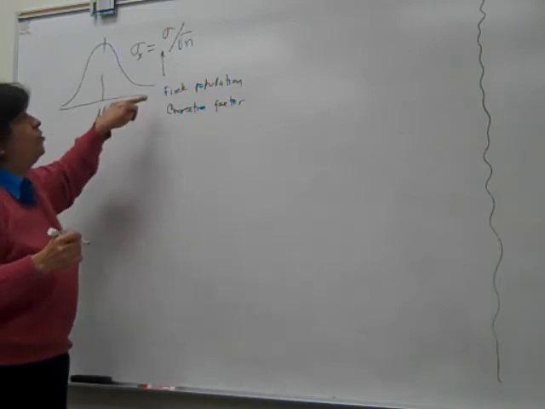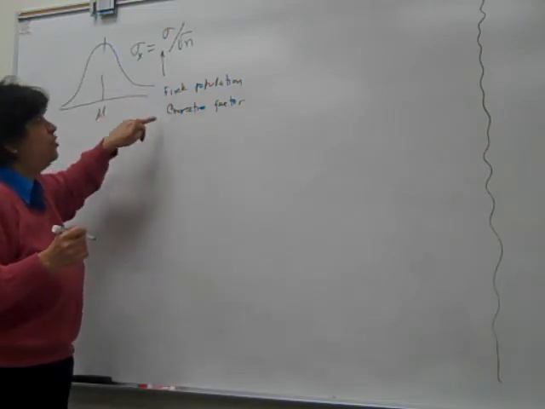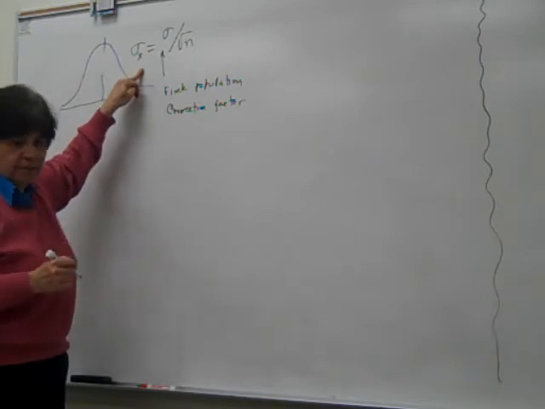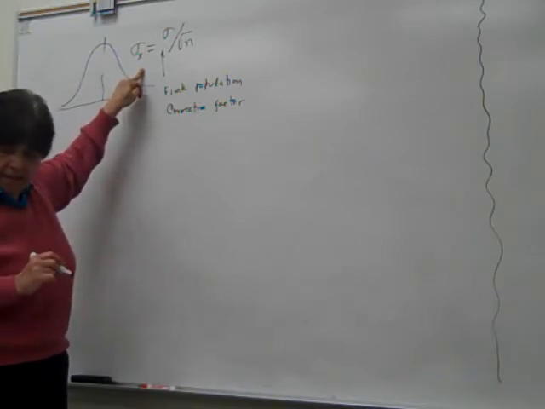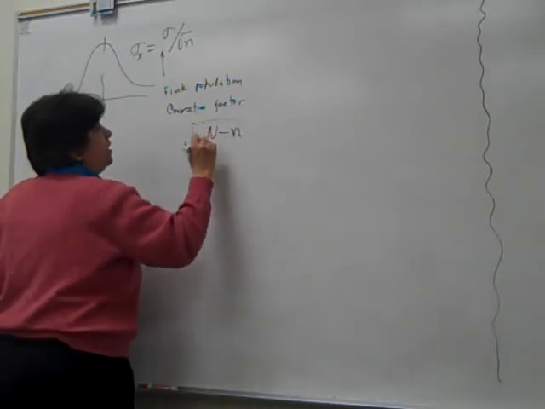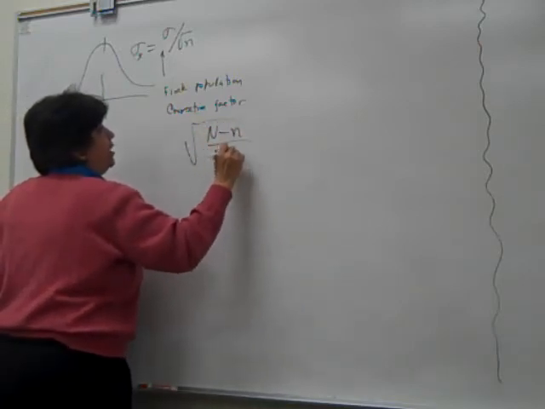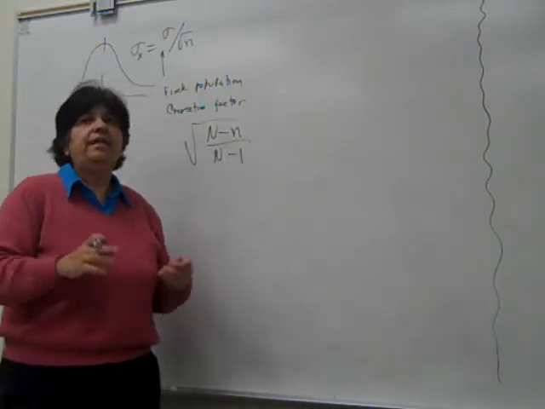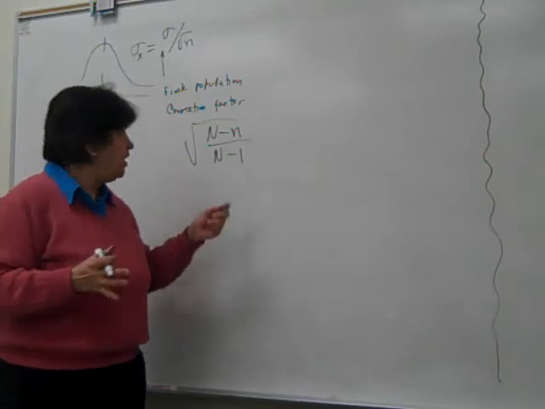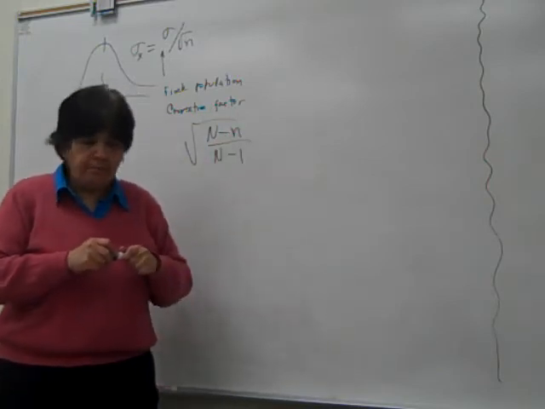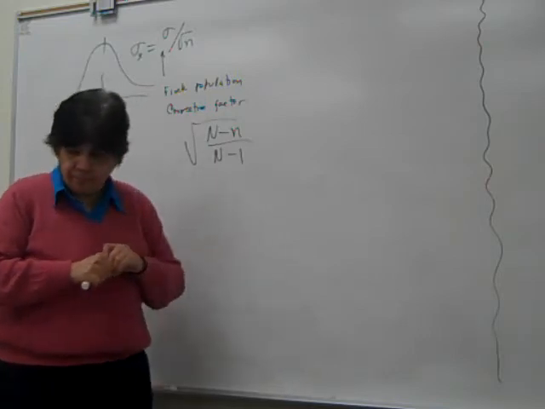You are going to include the finite population correction factor in the standard deviation of the sampling distribution, and that is equal to the square root of (N minus n) divided by (N minus 1), where capital N is the size of your population, and small n is the size of your sample.